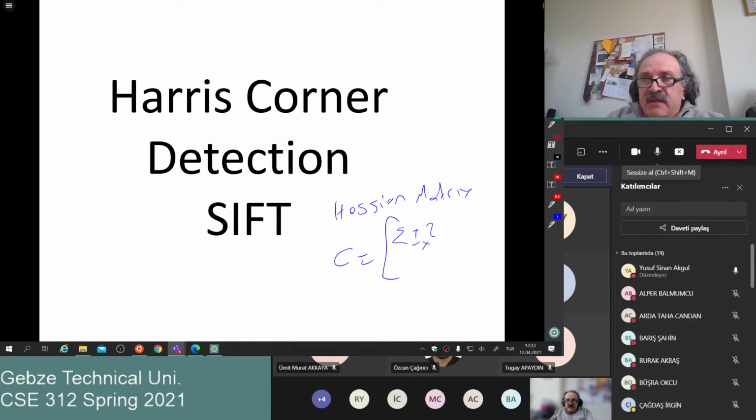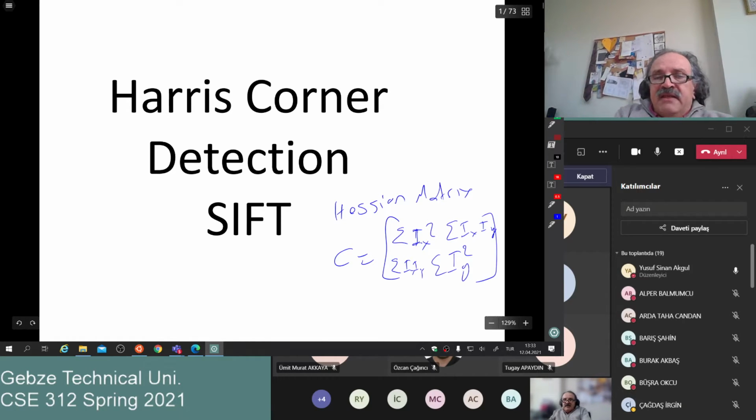This matrix is the summation, at the corners, of the vertical, horizontal gradients, horizontal derivations, and vertical derivations, and then multiplication of these, at the corners.